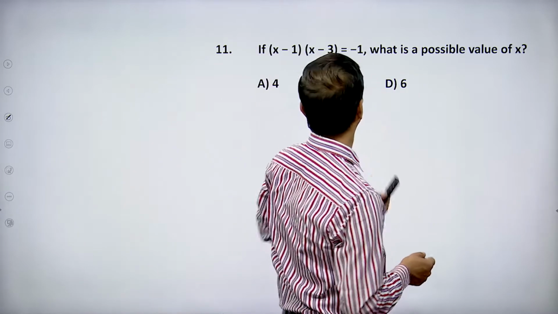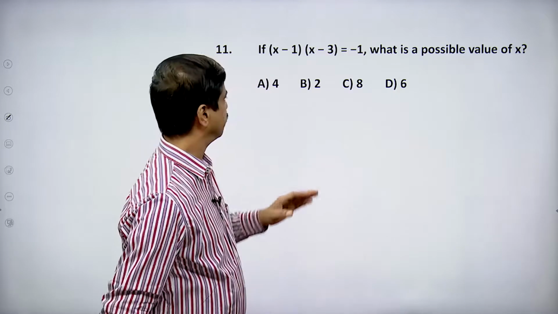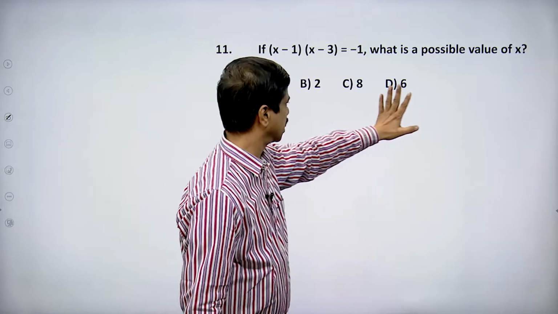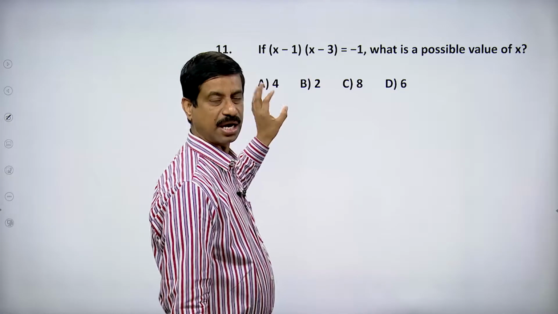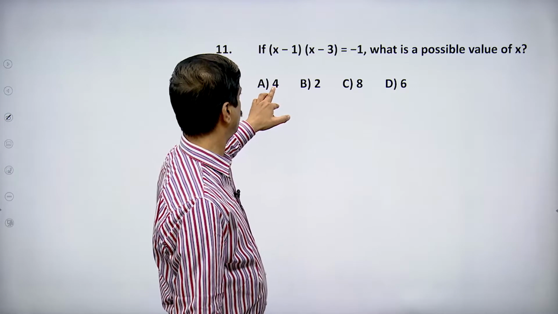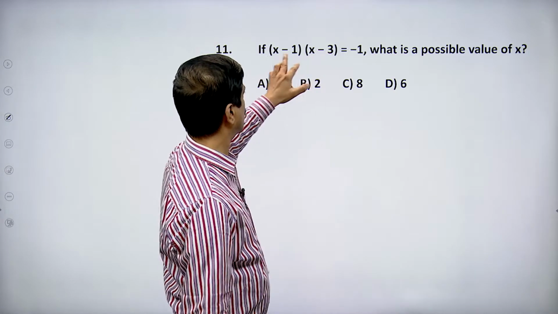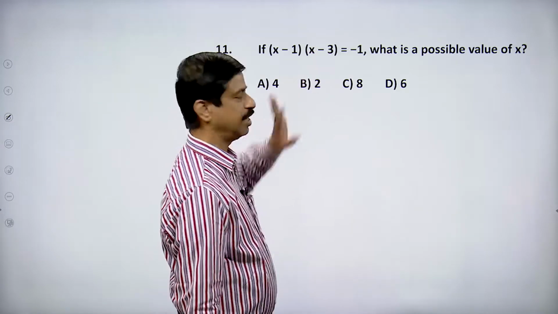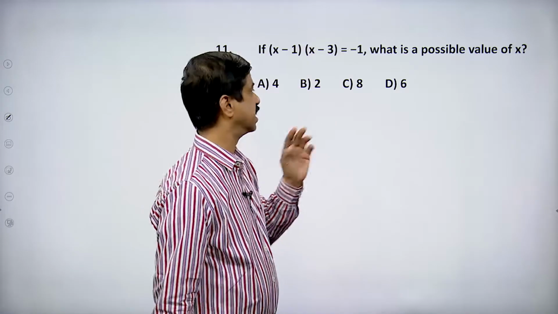What is the possible value of x? So children, if you look at this, again substitution can prove to be the better method. If you substitute x as 4, both factors are positive. So x should be lesser than 3.